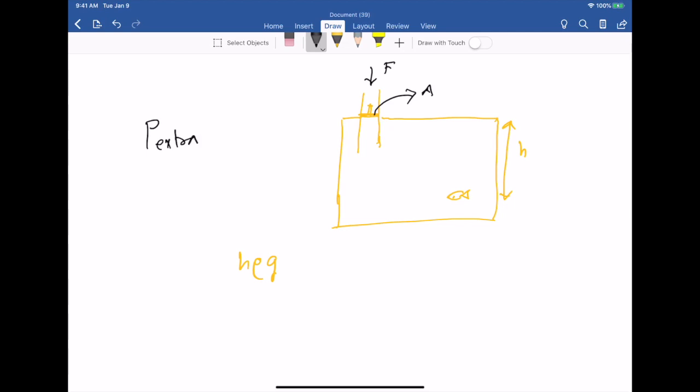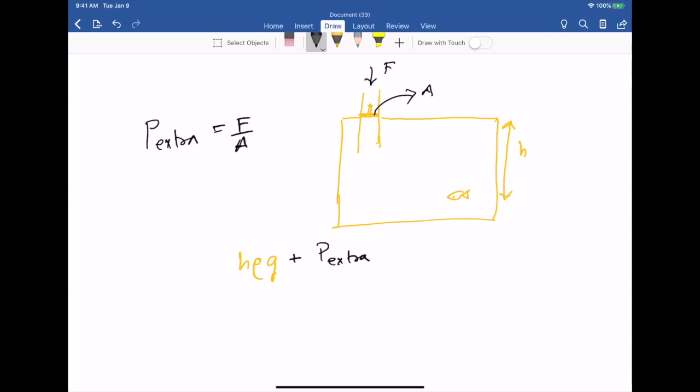The extra pressure is just F divided by A. Once you start pushing down on the piston, how much pressure is the fish going to feel? Well, according to Pascal, the fish will immediately feel that extra pressure. That extra pressure will be transmitted to every point in the fluid. So our little fish will start feeling h rho g plus P extra.